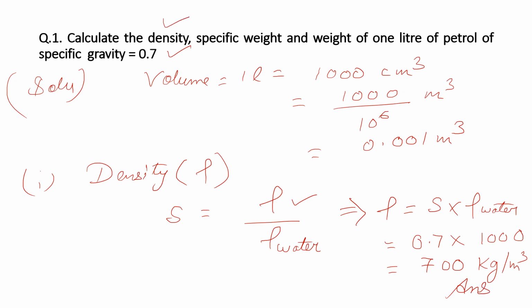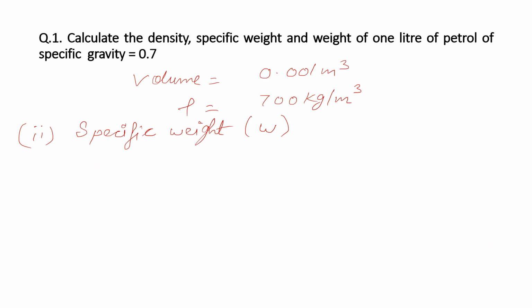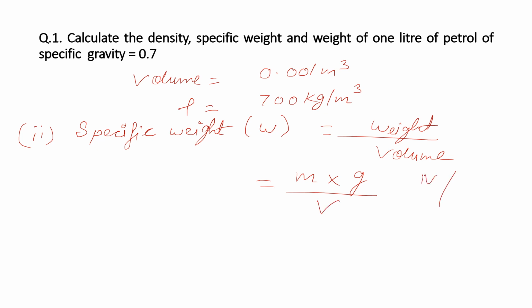Now we need to find specific weight. Specific weight is defined as ratio of weight to volume. So we will write weight as multiplication of mass and acceleration due to gravity, divided by volume. So the unit will be Newton per meter cube. This is the unit of force and this is the unit of volume.